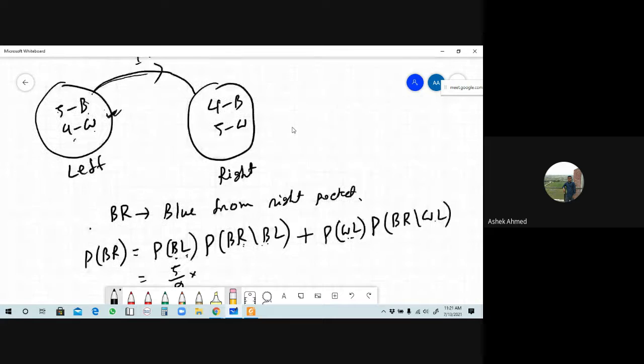Since he has already moved a blue marble to the right pocket, in that case will the number of blue marbles be reduced, same, or increased? It will decrease in the left pocket, but in the right pocket it will increase by one marble, blue. The blue marble that was moved will be added here. So the number of blue marbles in the right pocket will increase. What will it be? 5. 4 plus 1 is 5, divided by the total number of marbles here, 10. So this will be 5/10 here, plus.